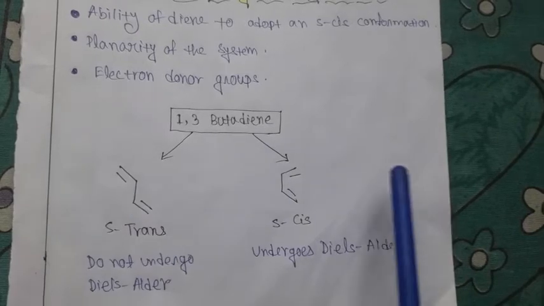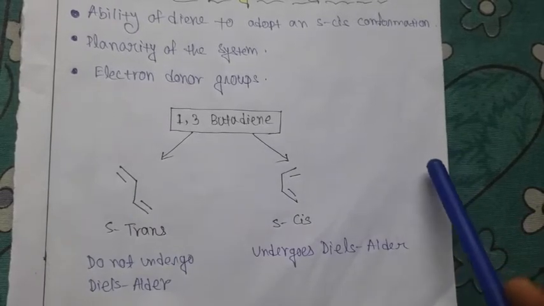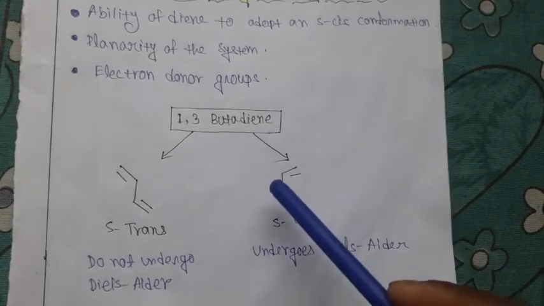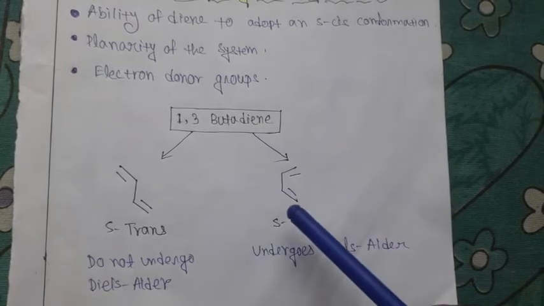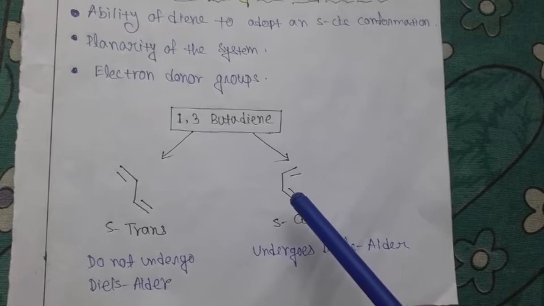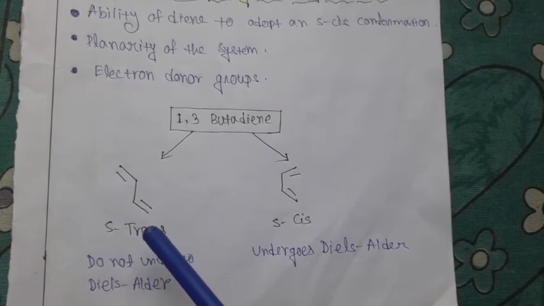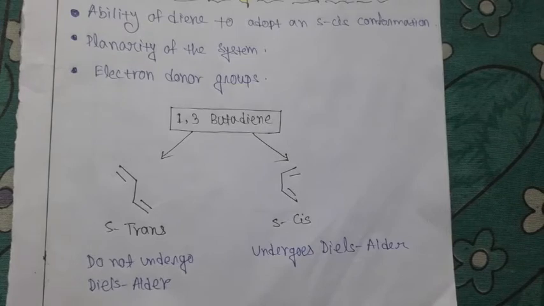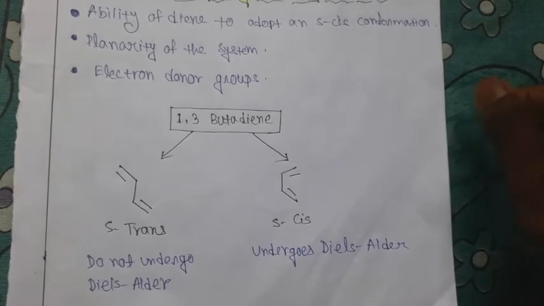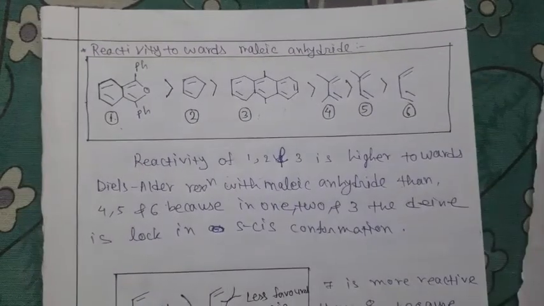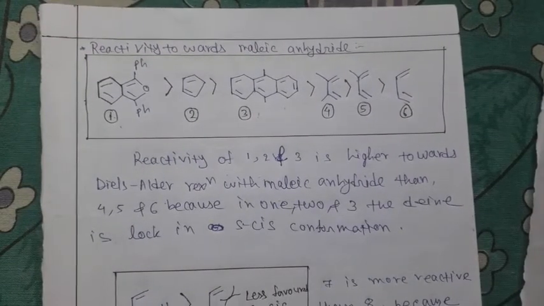So any factor that favors S-cis conformation increases the reactivity of diene towards Diels Alder reaction, while any factor that favors S-trans decreases the reactivity of diene towards Diels Alder reaction. So the dienes with the locked S-cis conformation have exceptionally high reactivity.